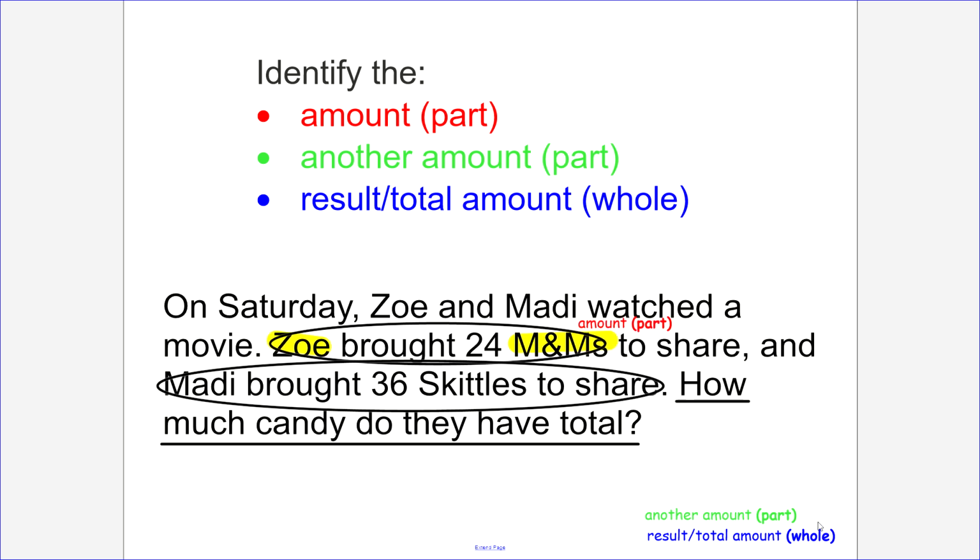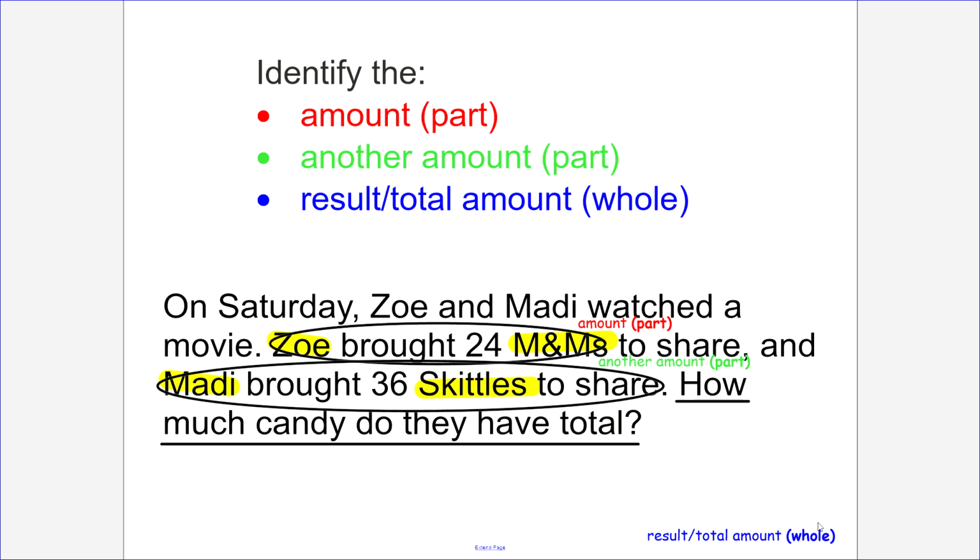I know that this is a part because Zoe brought M&Ms and Maddie brought Skittles. Zoe brought some candy and Maddie brought other candy. They both brought candy to share. So both Zoe's 24 M&Ms and Maddie's 36 Skittles are amounts or parts.